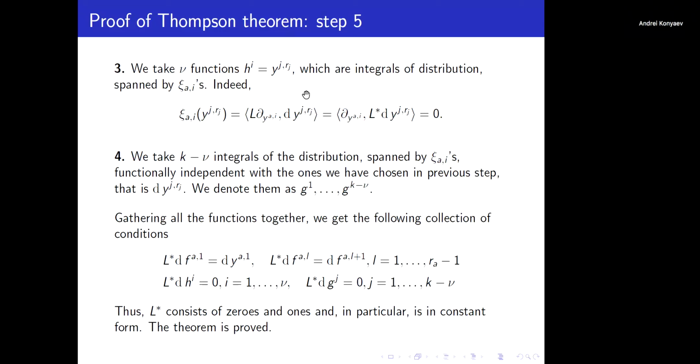That's it. So the difference between the first step and our induction is that in the beginning we only had step 1 and step 4, but here we had to go through step 2 and step 3, just carefully collecting functions.